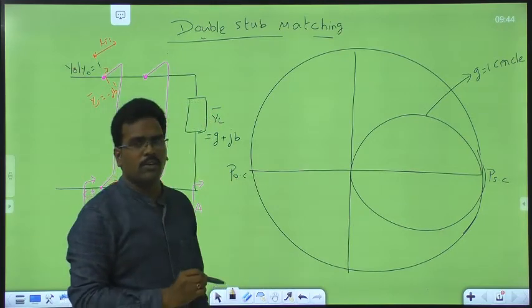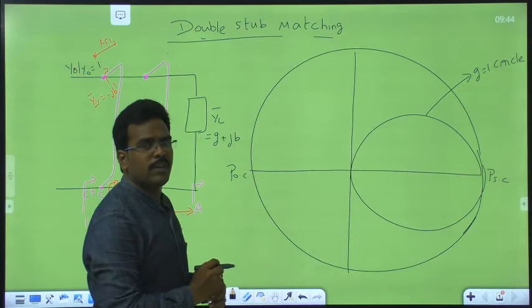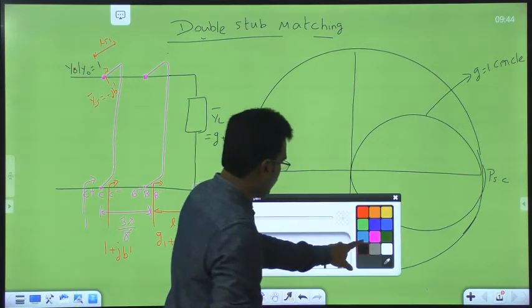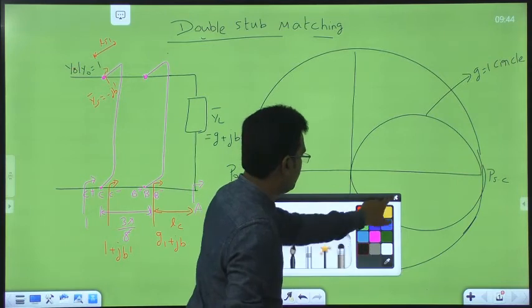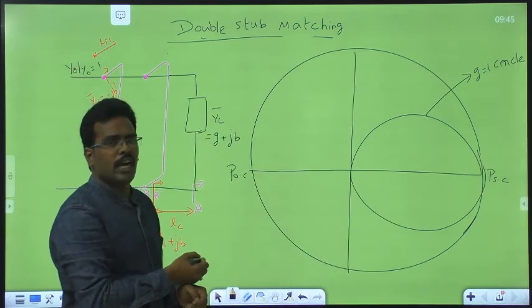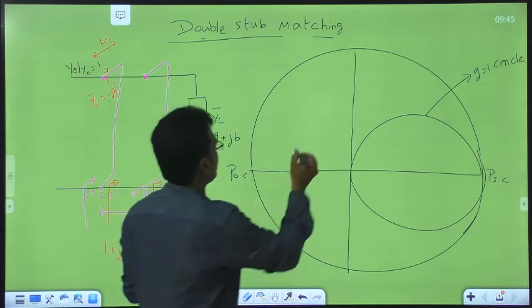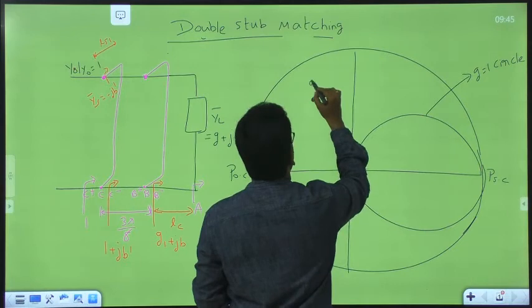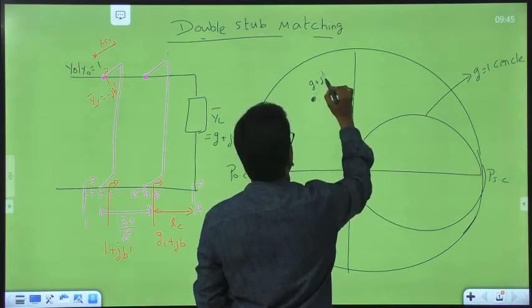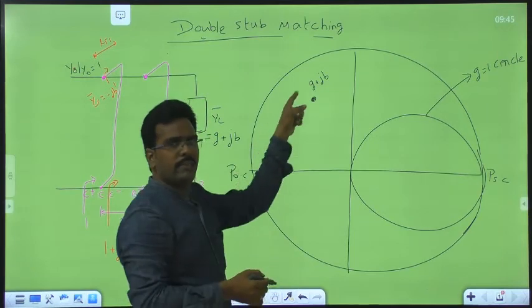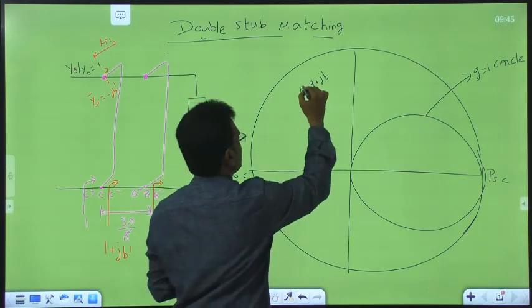These are the points you have to draw for a normalized admittance chart. What is the first step? The first step is to plot the normalized load admittance on the Smith chart and name it as point A. I am assuming this is G plus JB. Okay, that is the intersection of the G and B circles, and name it as point A.